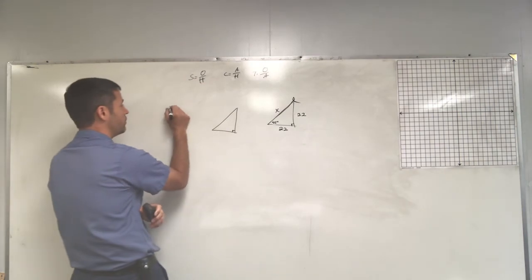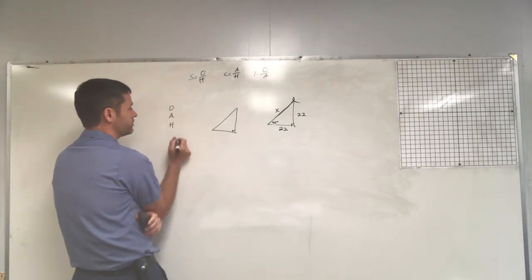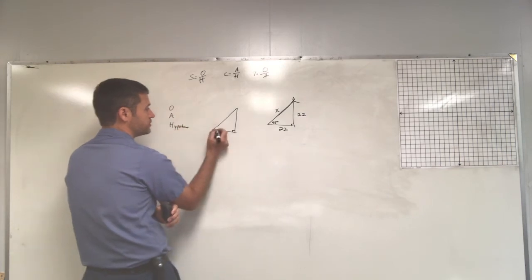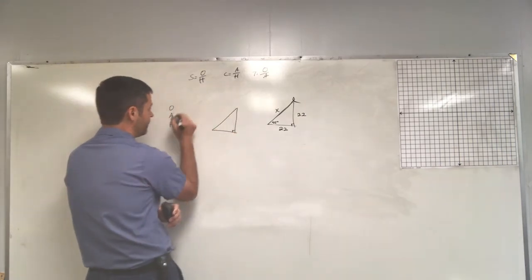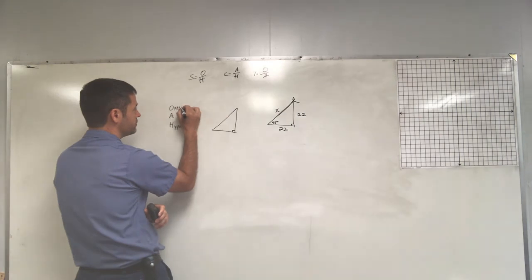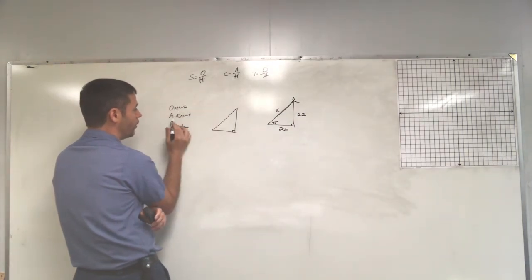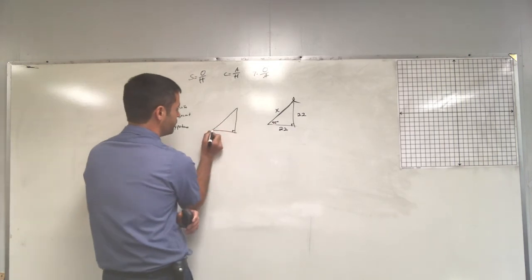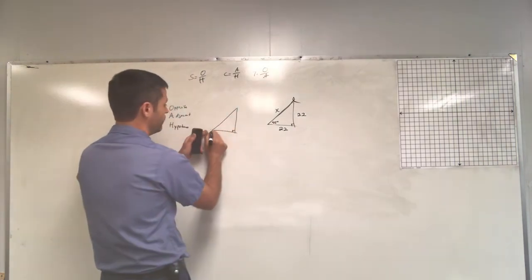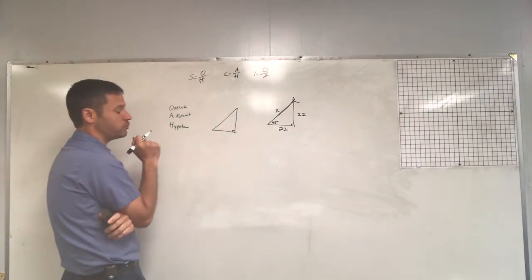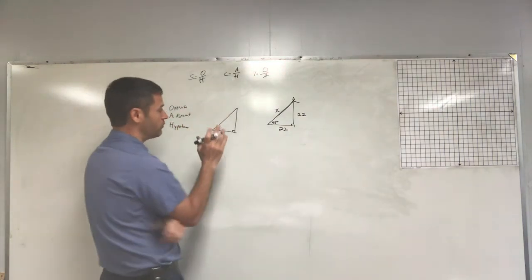There will be an O, an A, and an H. The H is always the hypotenuse. So the H is always this one, and then the O, the opposite, and the A, adjacent, all depend on which angle you're at. Are you here or are you here? And if you're on this one, then these are one thing. If you're at this one, then they swap. So it's always based on which angle you're at.